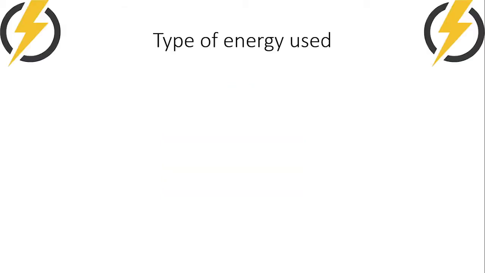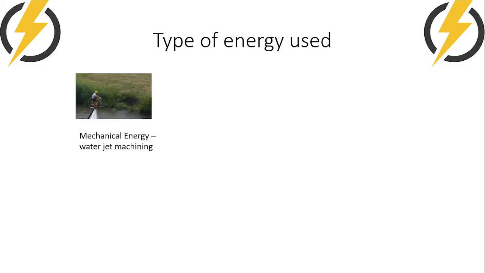So now you may be aware of what is meant by unconventional machining processes and why we need unconventional machining process in manufacturing industries. Here a lot of energies are utilized for machining the components. So we should be aware of the types of energy utilized for machining the components. Here you see the first one is mechanical energy.